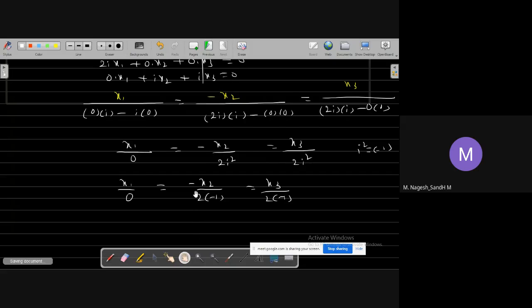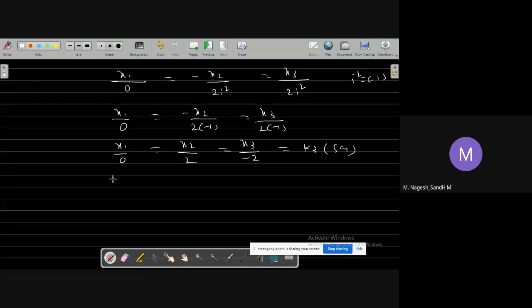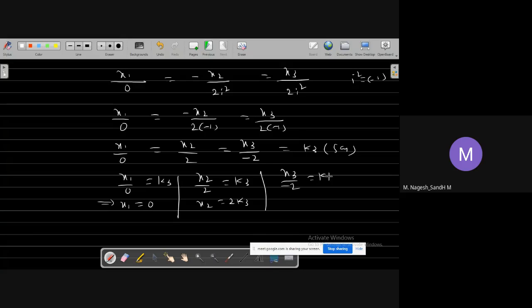Here the minus minus gets cancelled: x1 by 0, x2 by 2, x3 by minus 2 is equal to some k3. Therefore x1 is equal to 0, x2 is equal to 2k3, x3 is equal to minus 2k3.